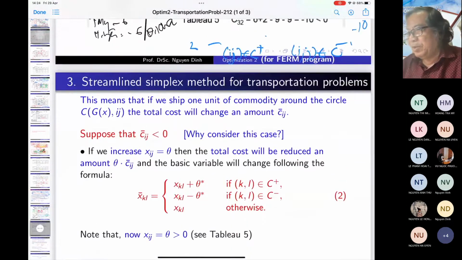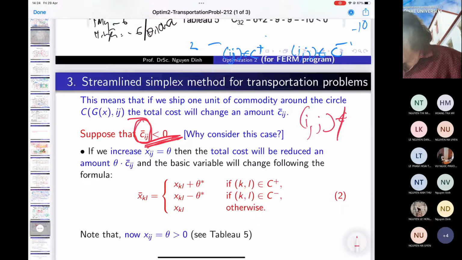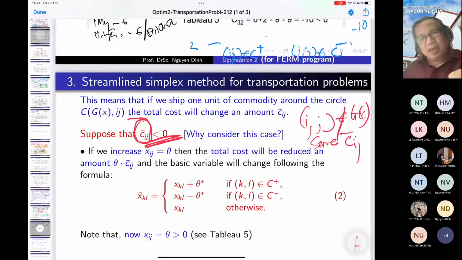And that's the way we calculate C bar ij. I just told you to calculate C bar ij. But when C bar ij is negative, that means that the cell ij, which does not belong to Gx here, if you move one unit to this one, you save C bar ij. That means the cost is reduced by C bar ij amount.